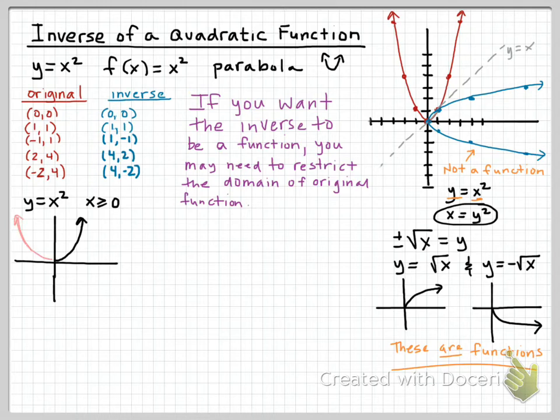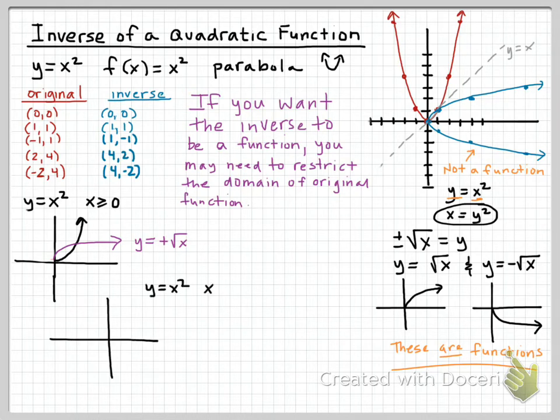If I were to graph the whole parabola, it would look like this. And if I flipped that parabola over y equals x, I would only get the top piece, so I get the function y equals the positive square root of x. From the original function, I actually get an inverse function.